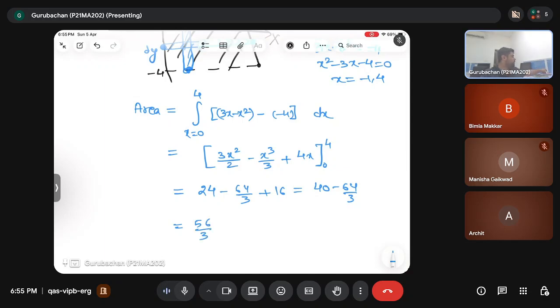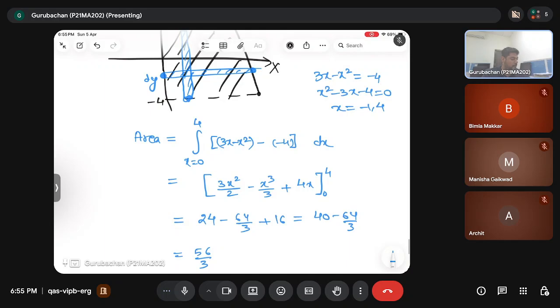Did I make some mistake? Let me check it also. Yeah, we have done it the correct way. So Archit, you were saying it is 2 by 3. Why? Yes, sir. On memory basis I am saying, sir, I am solving now. Okay.